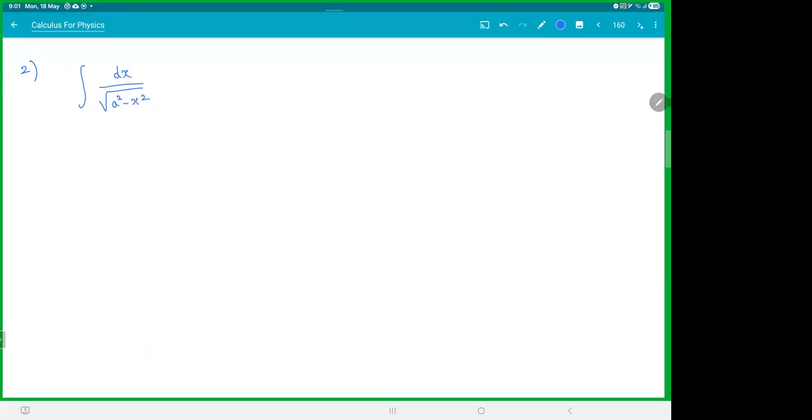This is another form here. So put x is equal to a sine theta. You will see, when you put this, something interesting there. So differentiate on both sides, we get dx. The differential of a sine theta is a cos theta d theta. Substitute everything here.